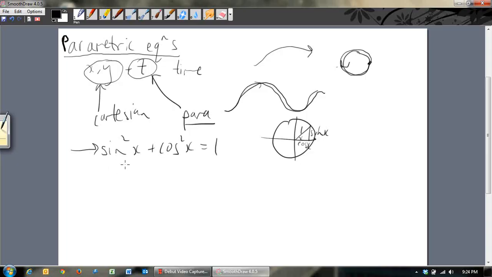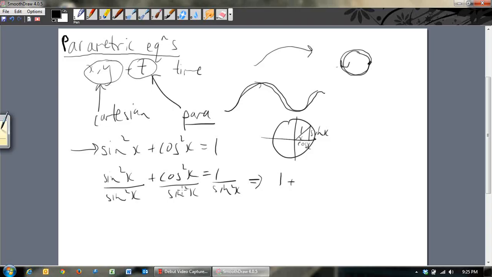If you divide everything in this equation by sin squared x, then what do you get? Well, sin squared divided by sin squared is 1.